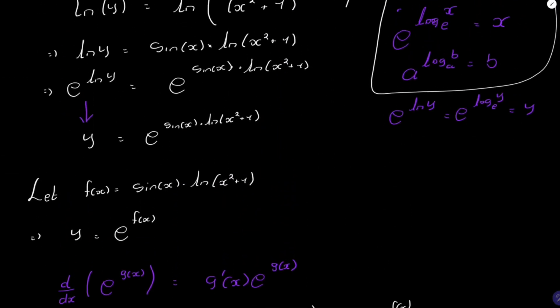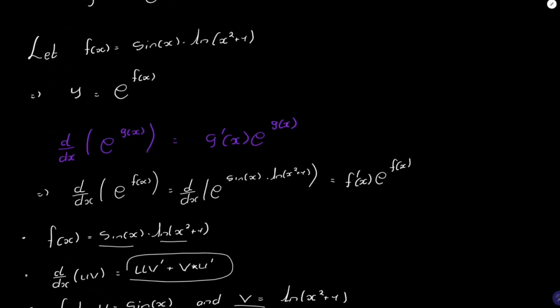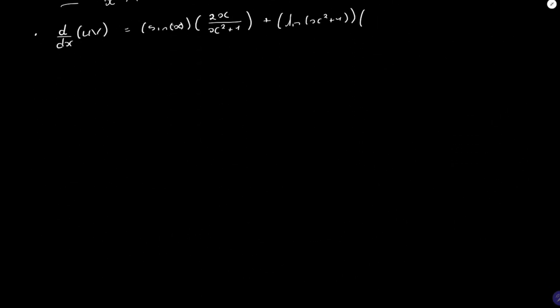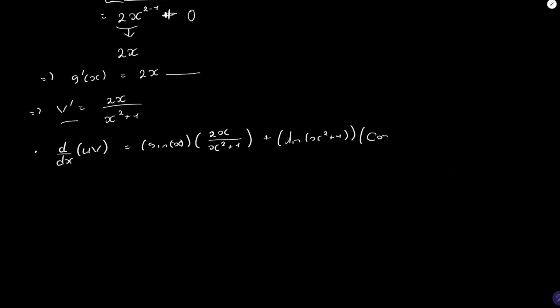And what is u prime? Yes, u prime is the function cos x. So simplifying this, we have 2x sine x over x squared plus 1 plus ln of x squared plus 1 times cos of x.